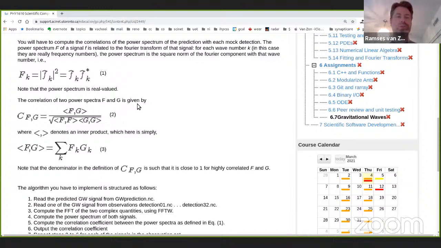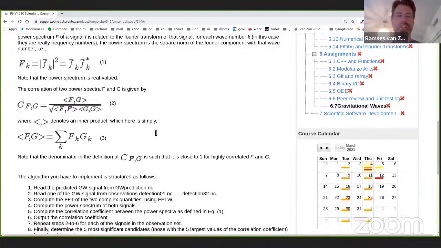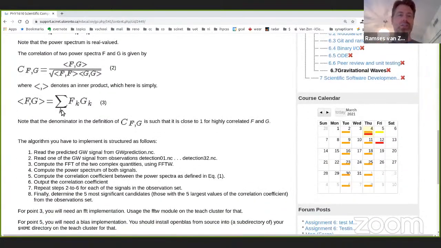Then we define the correlation between two power spectra, f and g. One is going to be the detection, and the other the prediction. Here's the definition, where these angular brackets are an inner product, which really means multiplying the two signals element-wise and summing over all of the elements. That's an inner product, and this is your definition.